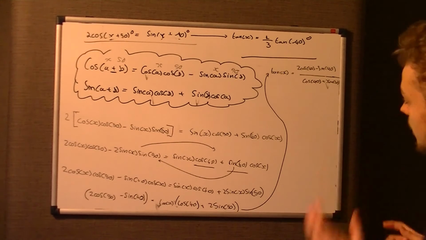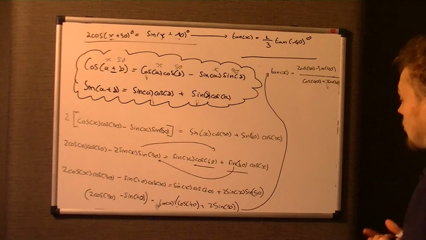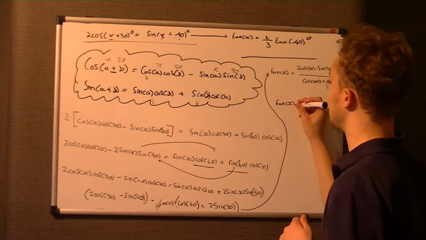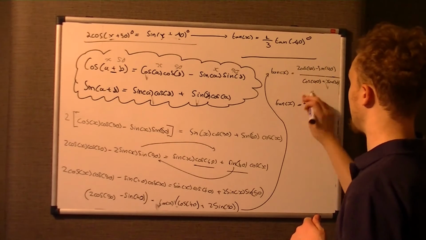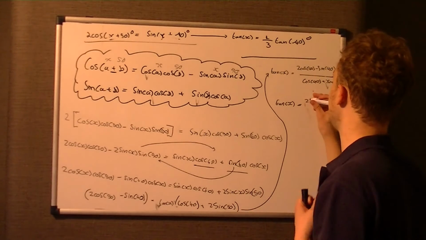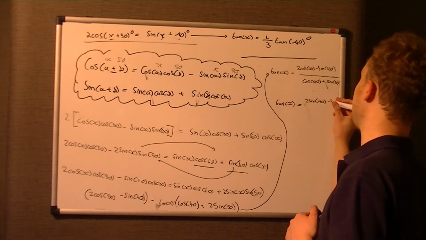The harder bit of this is realising that cos 50 is the same as sine 40, and sine 50 is the same as cos 40. So tan x is equal to 2 cos 50, well, cos 50 is the same as sine 40. So 2 times sine 40, which is the same as 2 times cos 50, take sine 40.